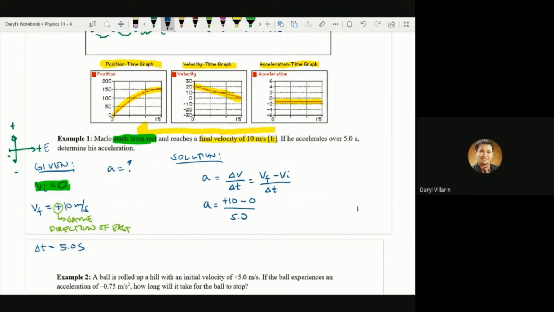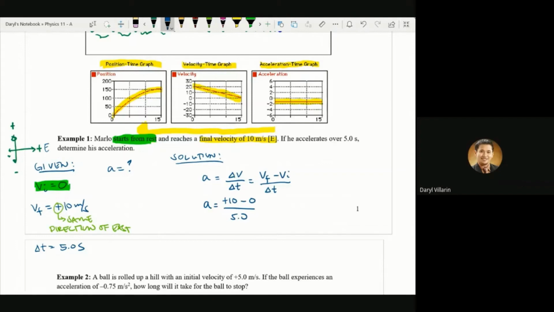If you're wondering, I didn't place the units here, okay? However, if you're using the standard units, like for velocity it's meters per second and the time is in seconds, automatically it gives you an idea that the final answer would be meters per second squared.